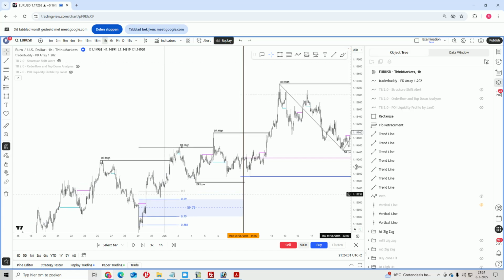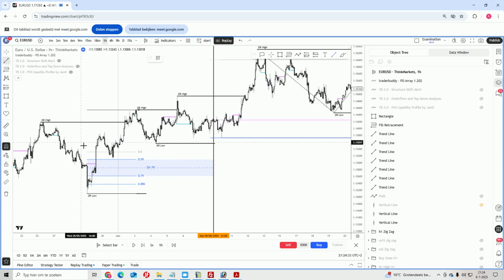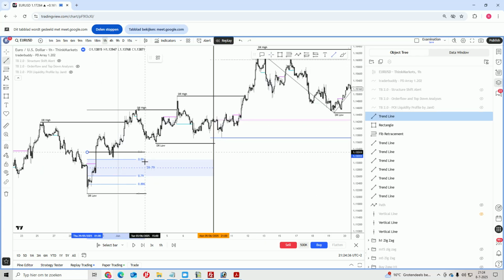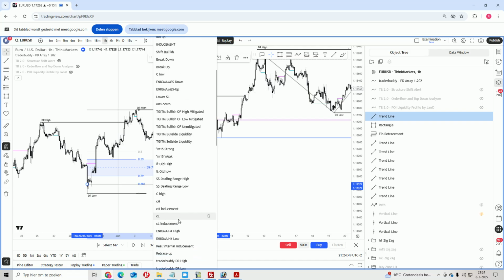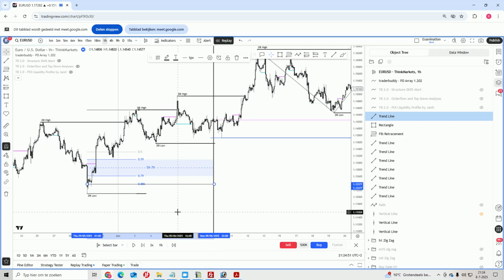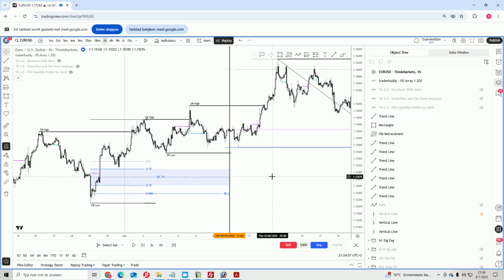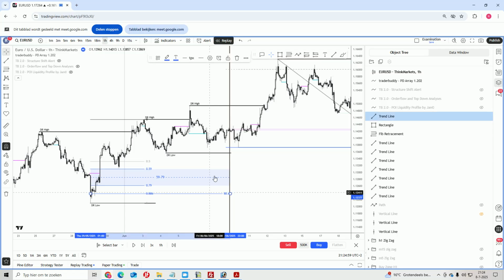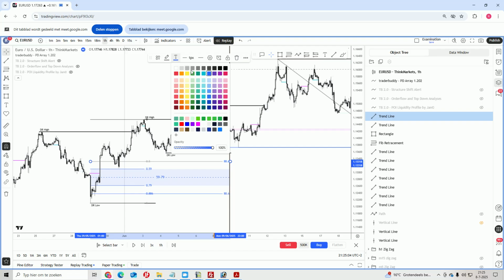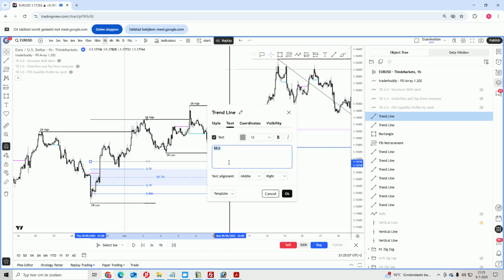We also draw the 50% line, and we also draw the 88.6 in case price retraces all the way down, which I have bullish over here. Then, hey, where's my 50%? Oh, it's gone. And that's not 80, but it is 50.